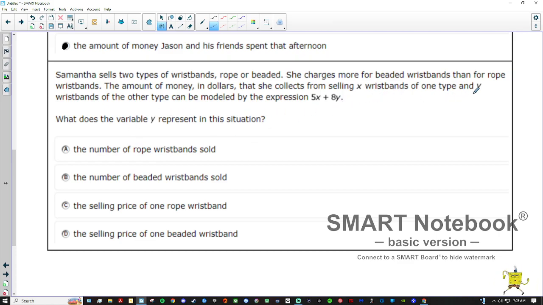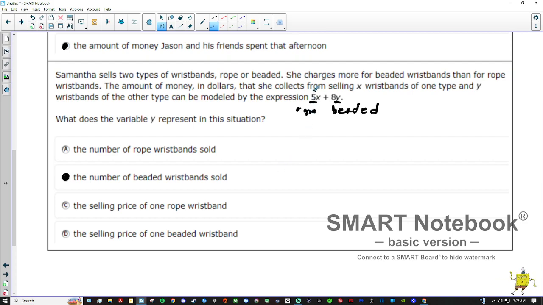Okay, well, we know that beaded cost more. So we have our price of rope for X, and this is our price for our beaded. So this 8, the Y represents our number of beaded wristbands.